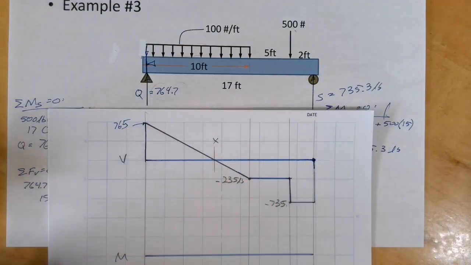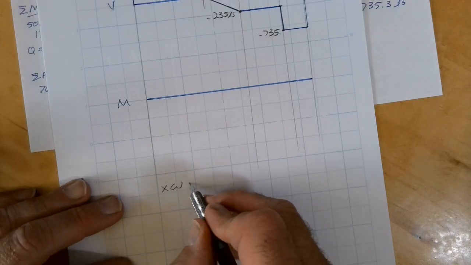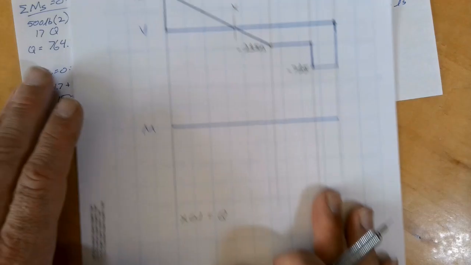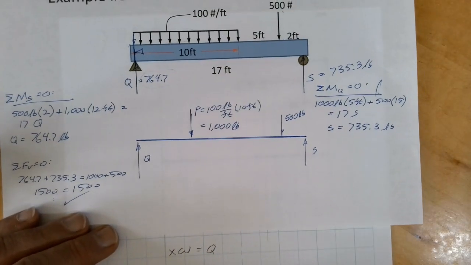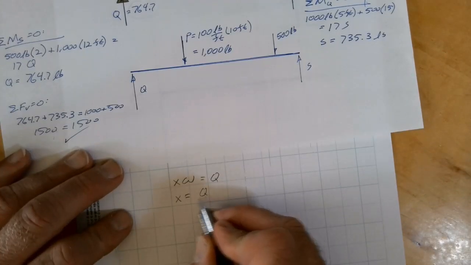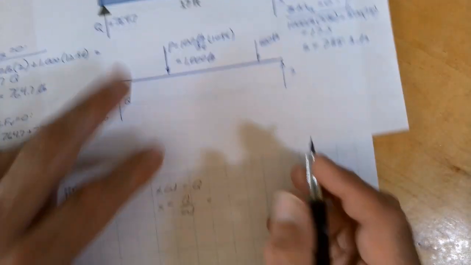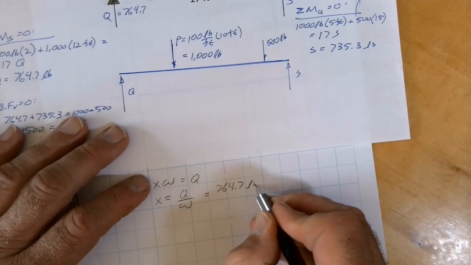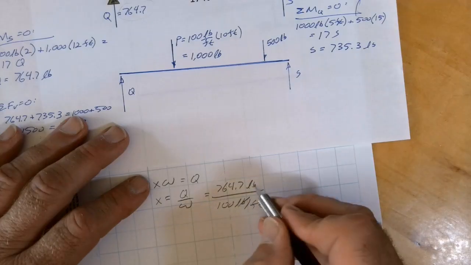So to write that out, X times the distributed load is equal to Q. So X is equal to Q over W, which is equal to 764.7 pounds, which is my reaction, divided by 100 pounds per foot, which is my line load.